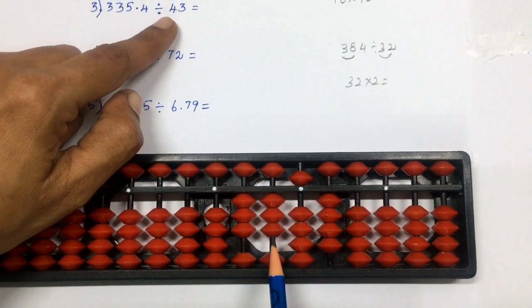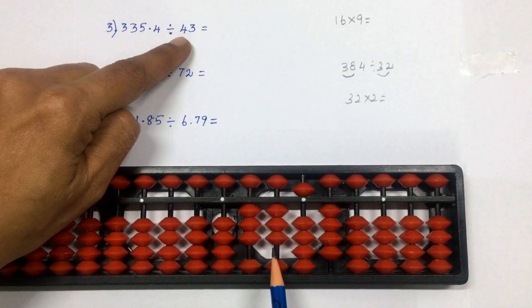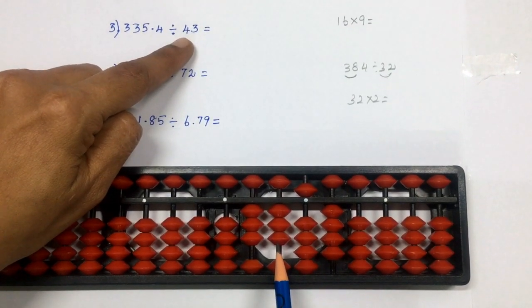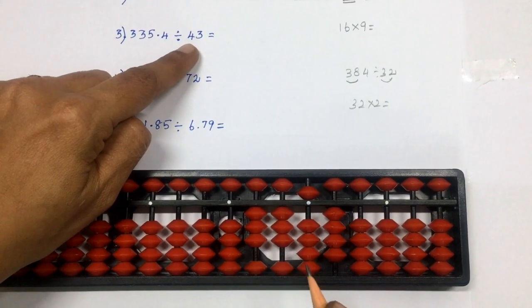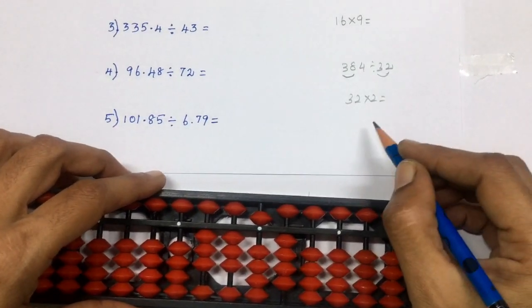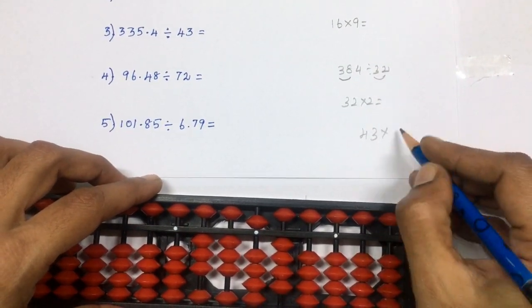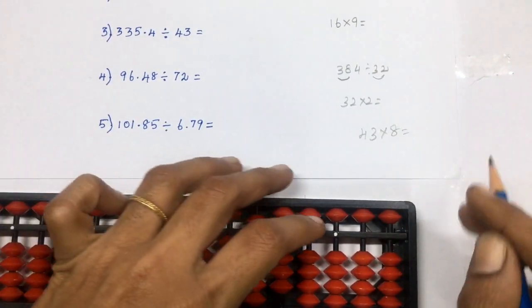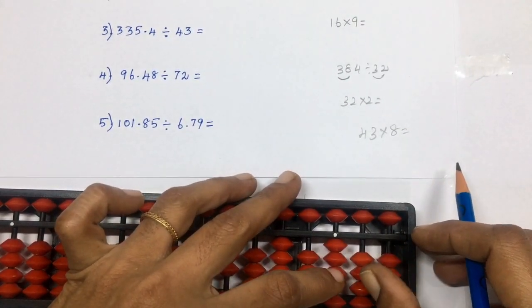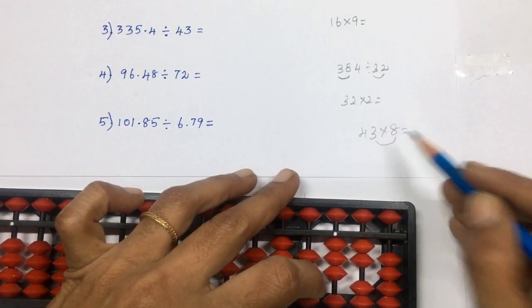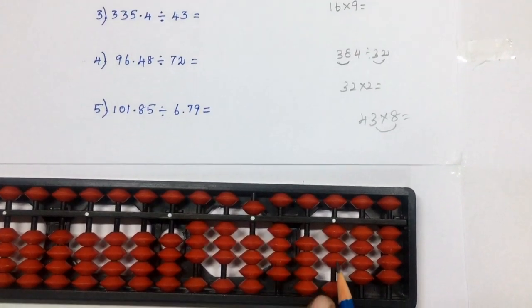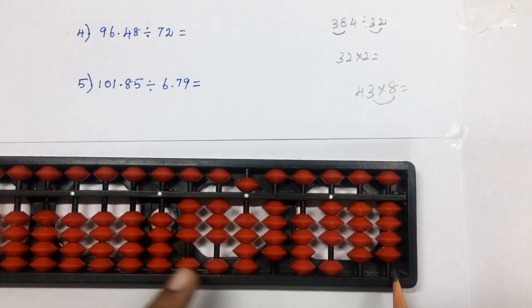Divide 33 by the first digit of the divisor, that is 4. 33 divided by 4 is 8. Nearing answer is 8. So we should try 43 into 8. 4 8s are 32, 3 8s are 24, 344. We also can't do that.